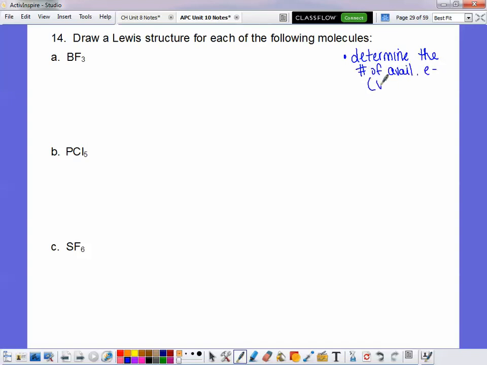And that's going to be just based off of the valence. Then you're going to bond everything to the central atom, which is typically the one listed first. There are a few weird exceptions. But you're going to bond everything to the central atom with single bonds.